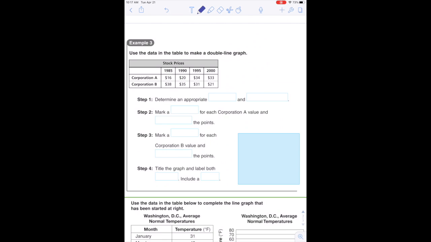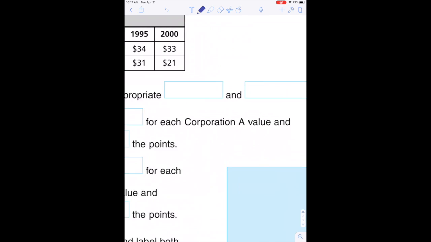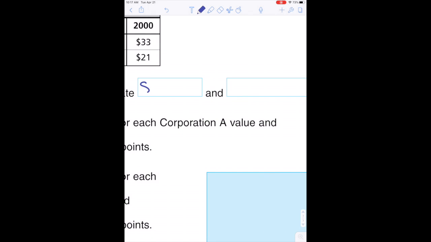All right. For our last example, example 3, we're going to do the same thing as 1, and you're going to work with me to fill in this graph. So determine the appropriate scale and interval, as we talked about before.